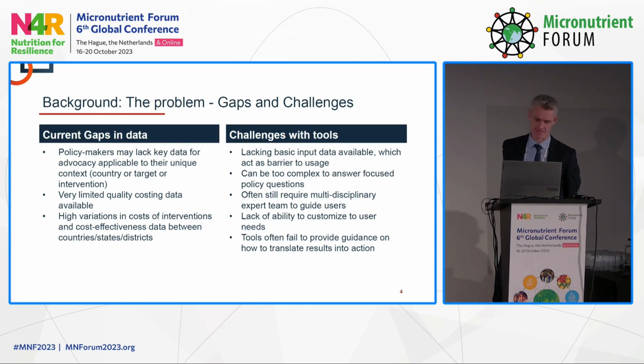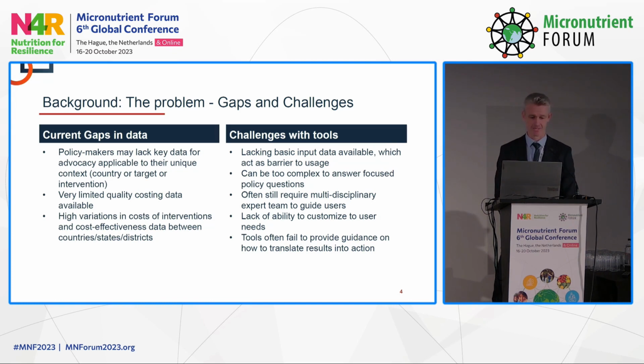But there are still gaps and challenges, some gaps in the data that policymakers need. There are plenty of gaps in the data that policymakers need for advocacy specific to their unique context at the country level. And now we often hear of data gaps at the subnational level that are just as important as the global level data points needed to push agendas for budget and resource allocation.